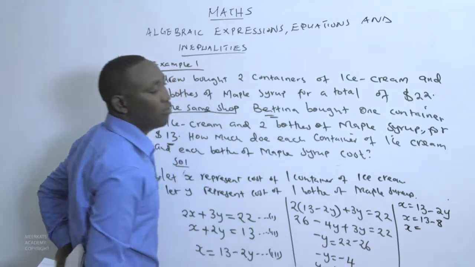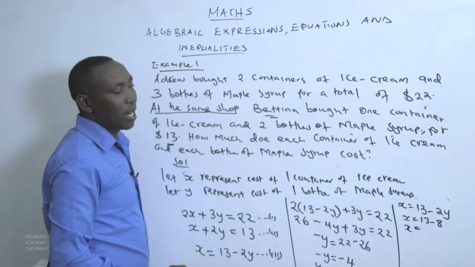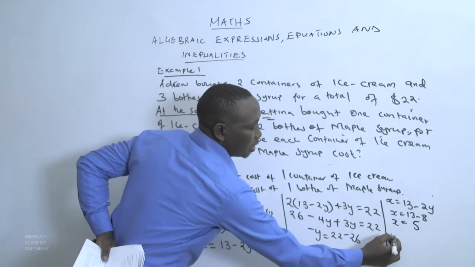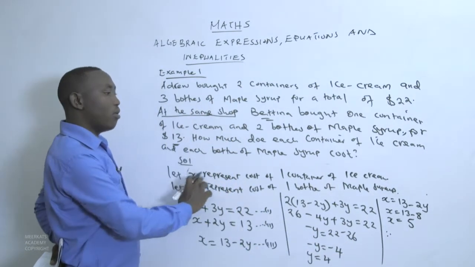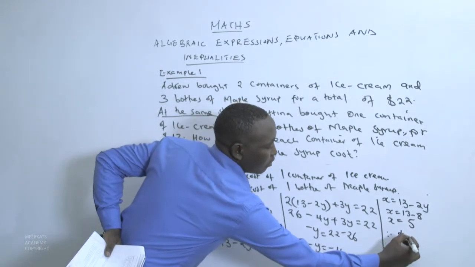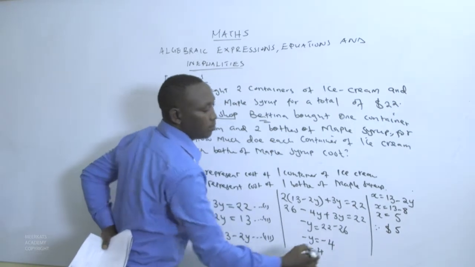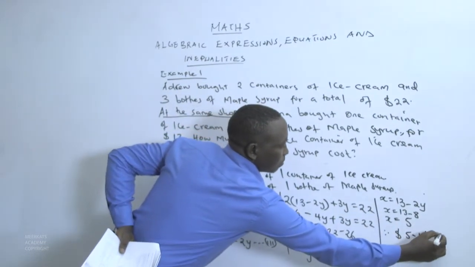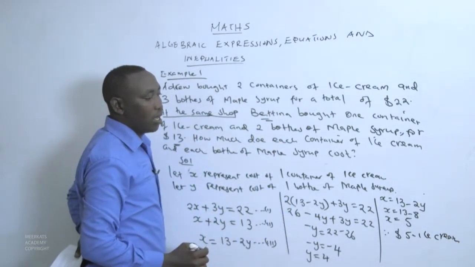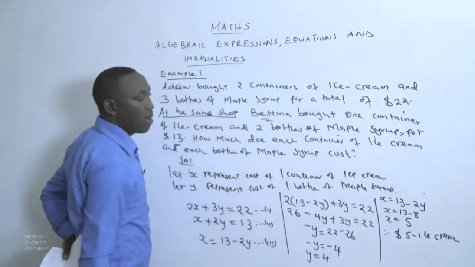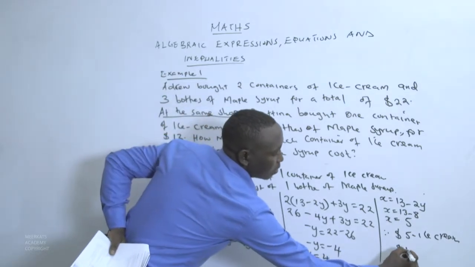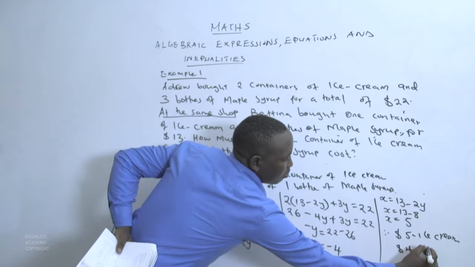Therefore, x will be equivalent to 13 minus 8, you'll get 5. Therefore, you can say that the cost of 1 container of ice cream, which is x, is $5, while the cost of 1 bottle of maple syrup is $4.